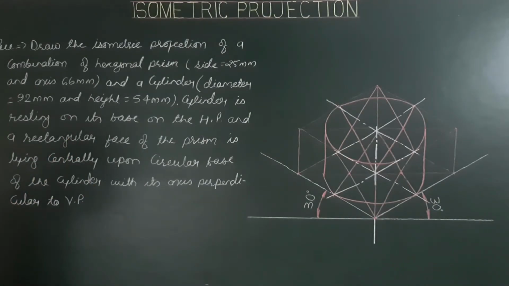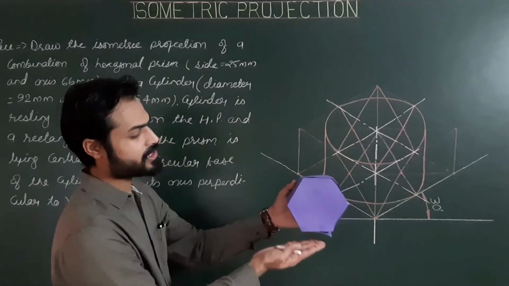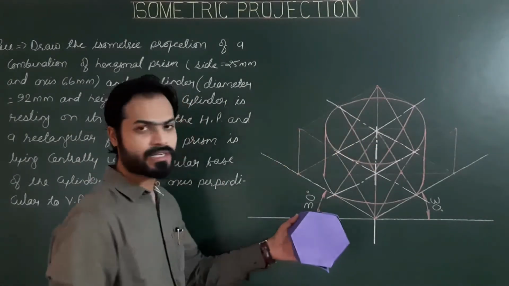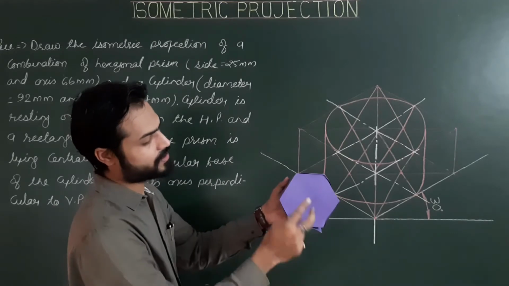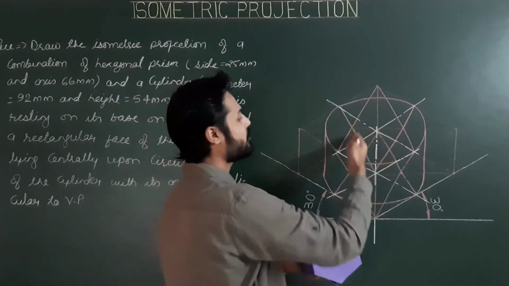Now the second solid, the hexagonal prism, is resting on its rectangular face on the upper circular face of the cylinder. So this face of the prism is lying on the upper circular face.